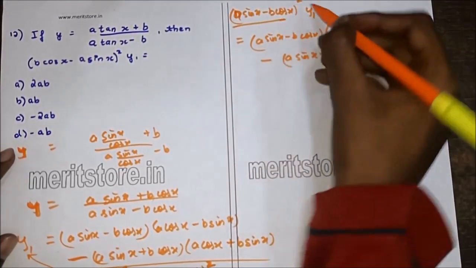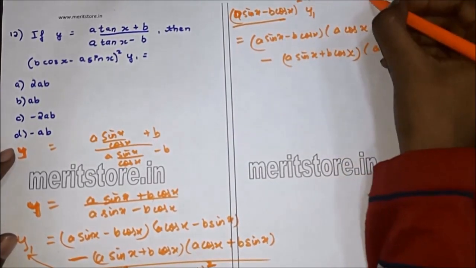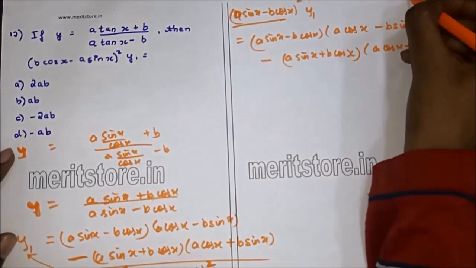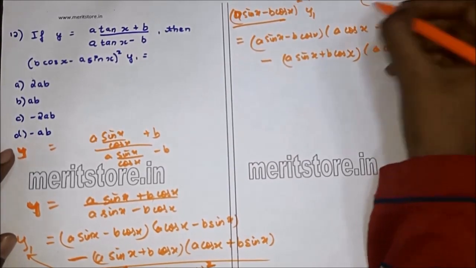So this is the same as (b cos x minus a sin x) the whole square.